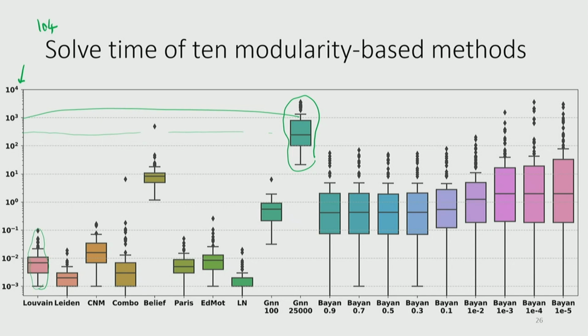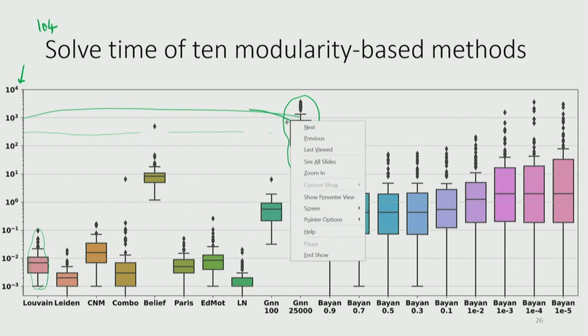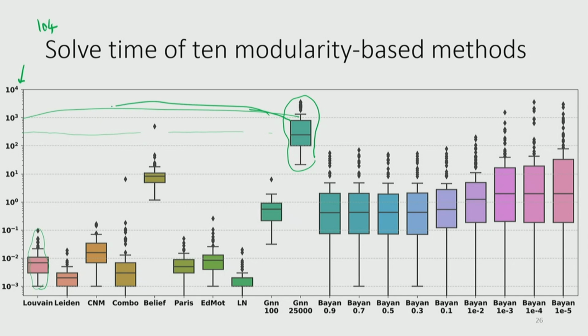These are empirical solve times on one computer, but the same computer is used for all of them. You can see that, for example, the third quartile is almost 1,000 seconds. So the solve times are different. And of course, my algorithm, which solves it to optimality, takes longer because it is doing more exploration.